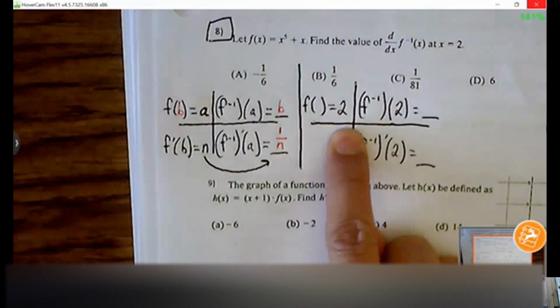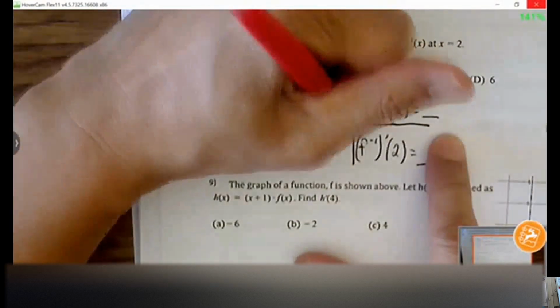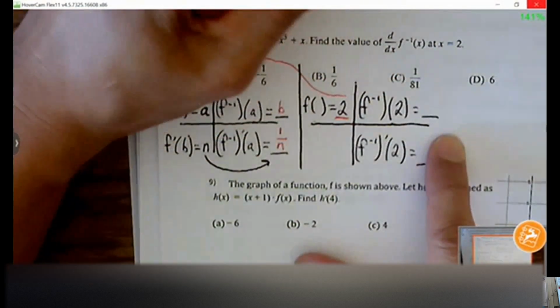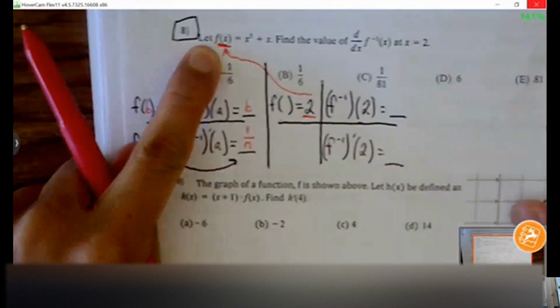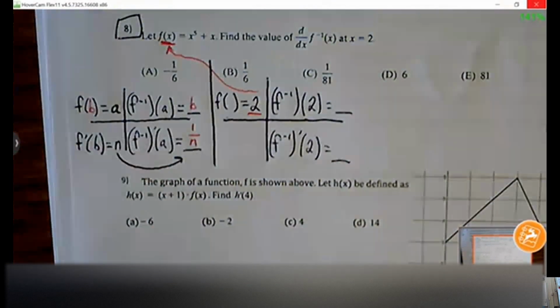So we're going to take this 2 and insert it into the y value of my function, and see if I can figure out what the x value is.